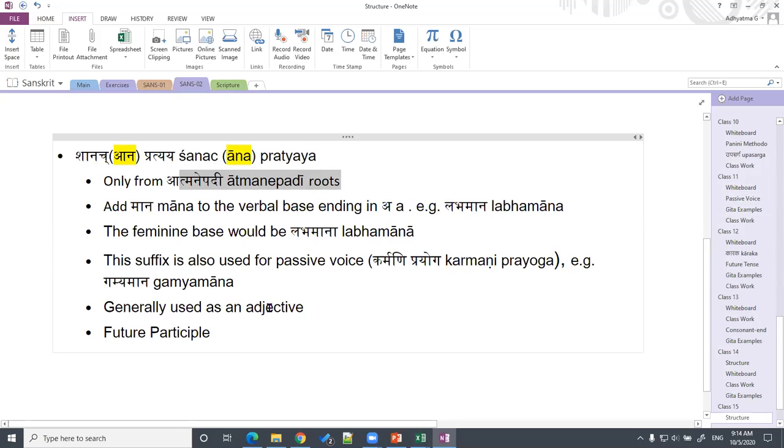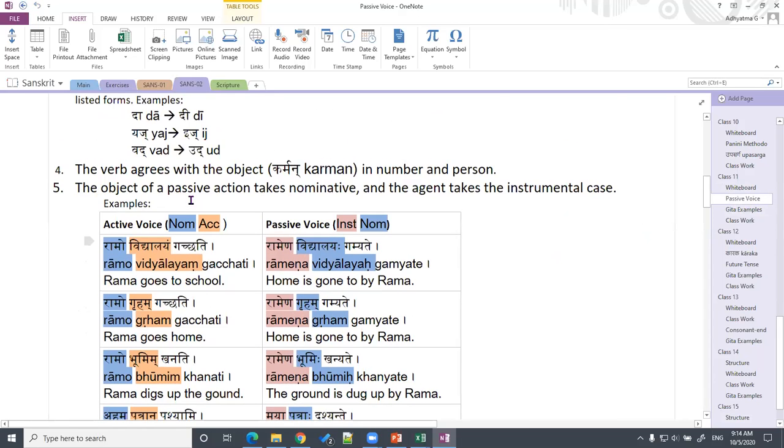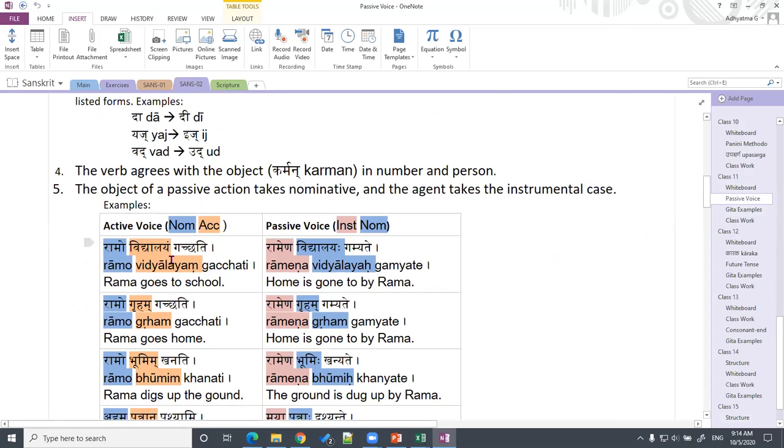The suffix is also used for the passive voice, karmani prayoga, like gamyamana. So if I recall your memory that we had this passive voice, so Ramaha Vidyalayam Gacchati, that is an active voice sentence, and in passive voice it becomes Ramena Vidyalayah Gamyate.